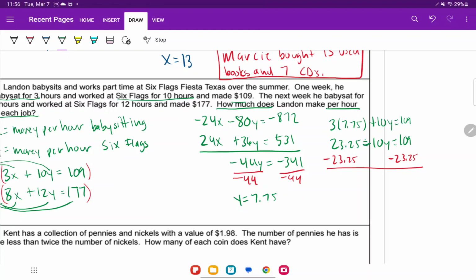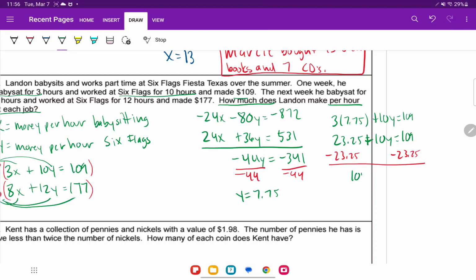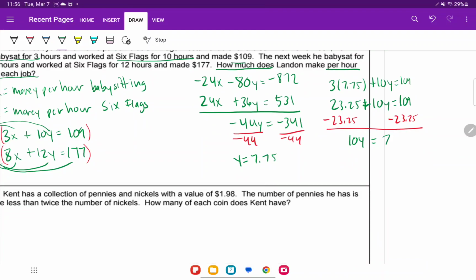Oh, there should be a plus sign here, sorry. So we have 10y equals 109 minus 23.25. And that gives me 85.75. And last, we're going to divide that by 10. And that gives us 8.575.